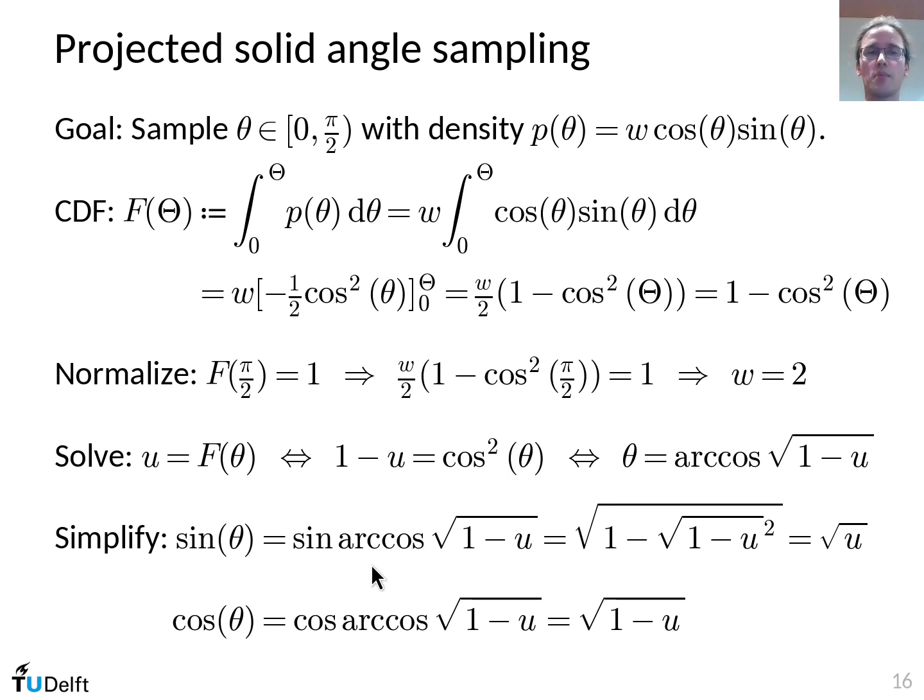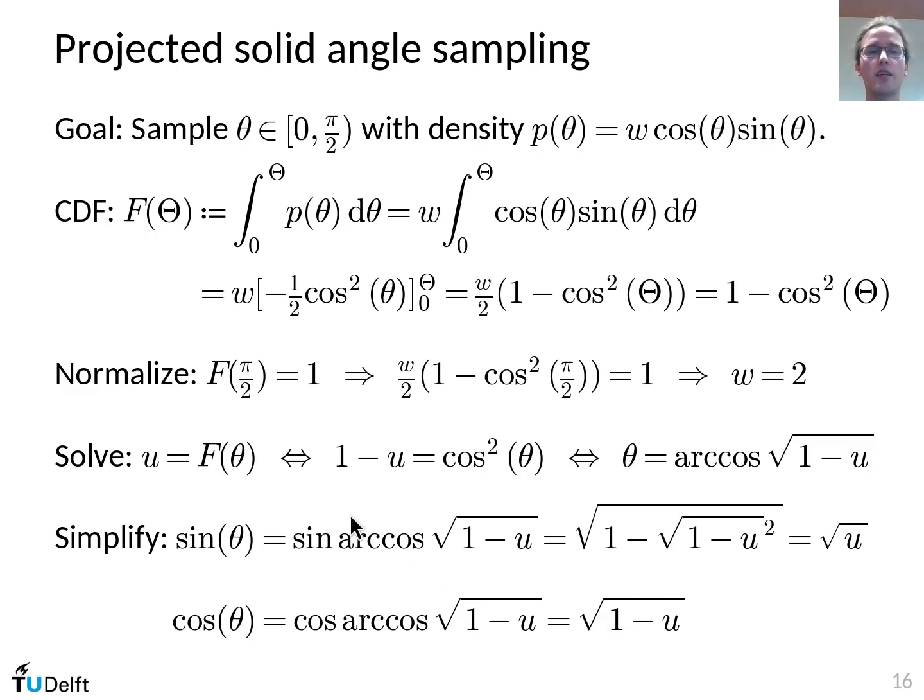Now we can simplify these formulas a bit. So the first thing that's quite easy to do is, in the end, we only care about cosine of theta, because that's what we need when we compute a direction vector. And cosine of arcus cosine is, of course, the identity function, because these are inverse functions of each other. So we simply have square root of 1 minus u here.